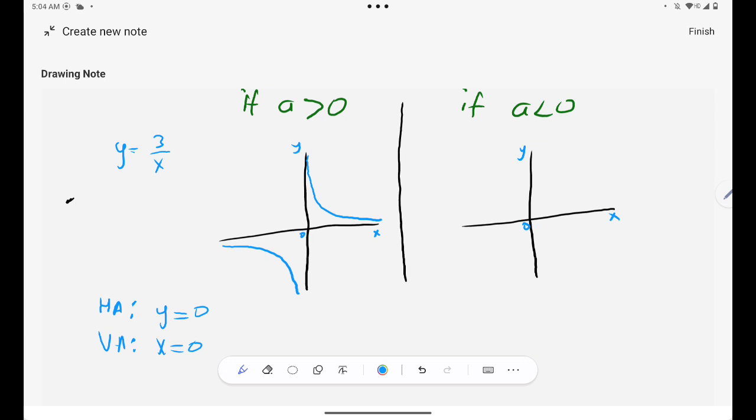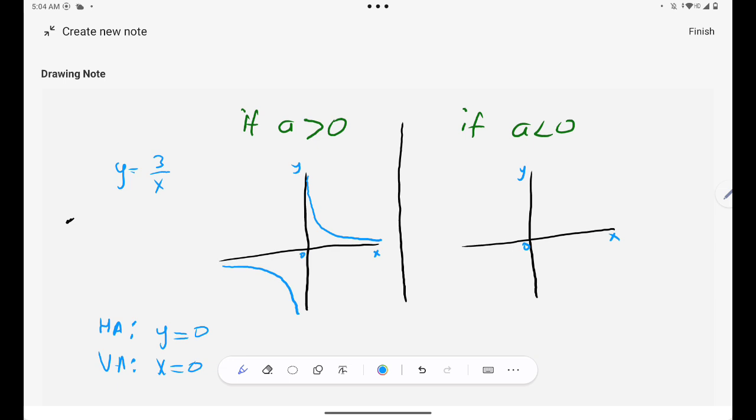So whenever a is negative, for example, you have a graph of y is equal to negative 4 over x, your graph will be something that looks like this, from one asymptote to the other. So your graph will be on the second and fourth quadrant. Are you together?